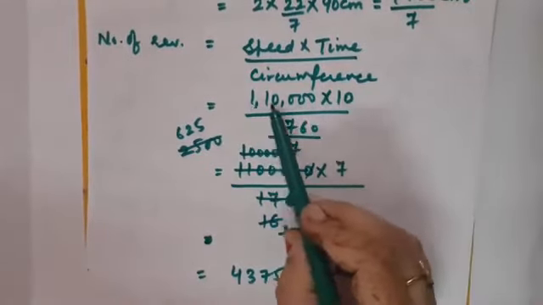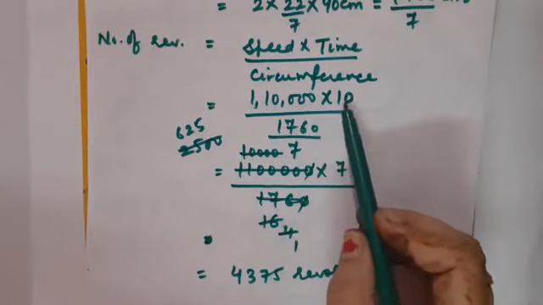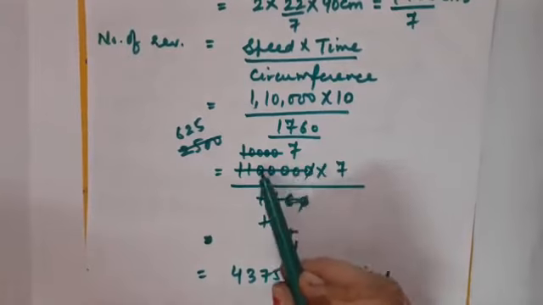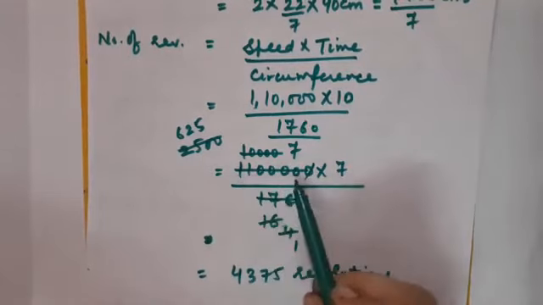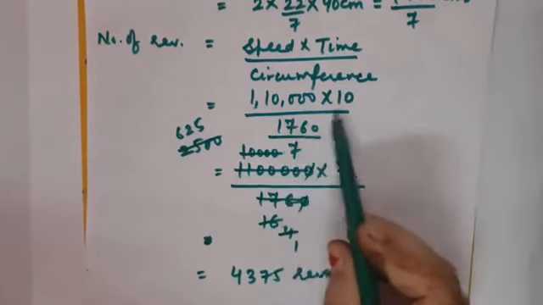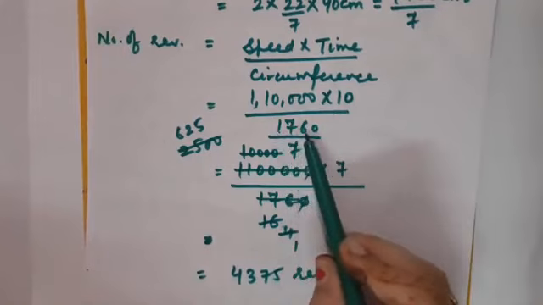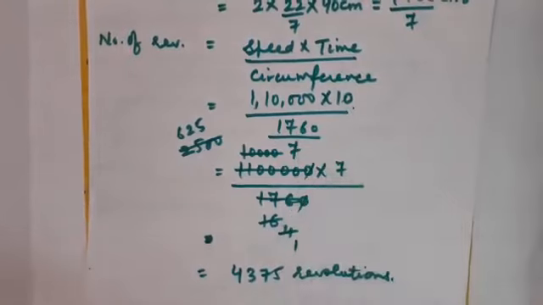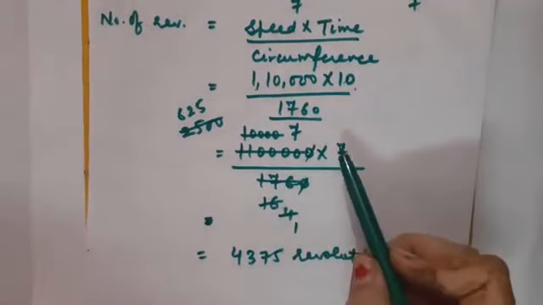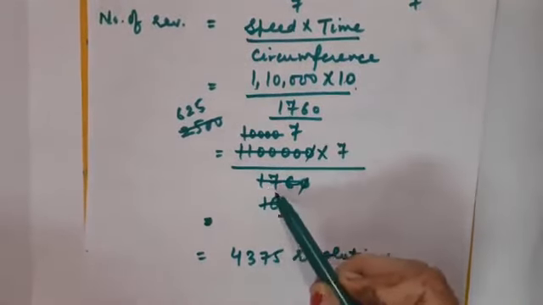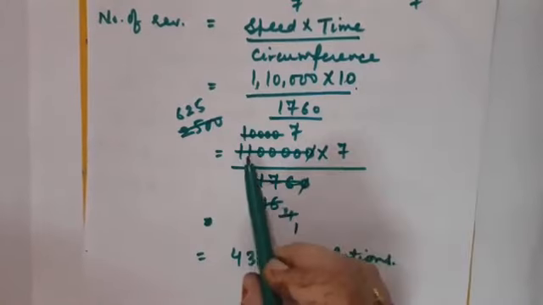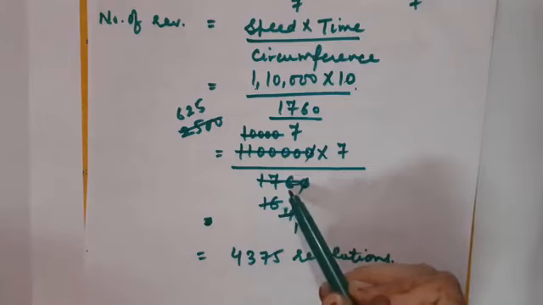So now children, let us understand its calculation part. When I multiply 1,10,000 by 10, so I have got 11 lakh, correct? 11 lakh, and this is in denominator, it is 1,760 divided by 7. So definitely it will go above, so I have to take its reciprocal. It will become 7 upon 1,760. 1 0 is going to be cancelled. I cancel them by the table of 11.